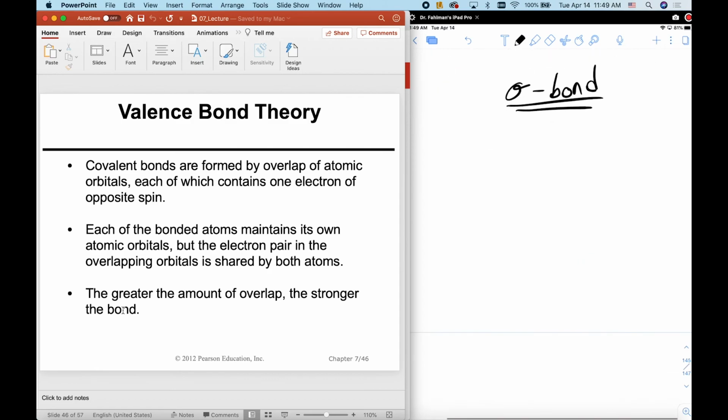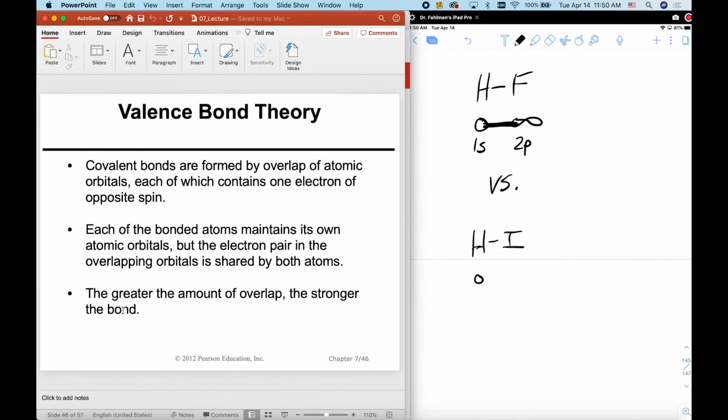One of the periodic trends is, for instance, if you have HF, where you've got small little orbitals there, that's a 1s, and then that would be your 2p overlapping. Versus HI, where you've got a 1s of that size, and your iodine would be your 5p orbital.